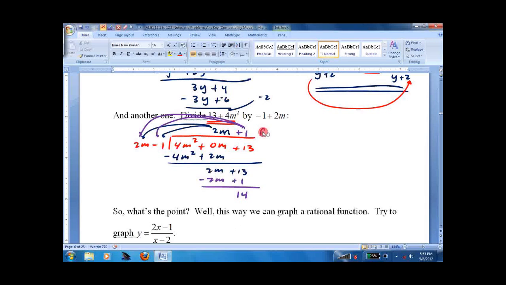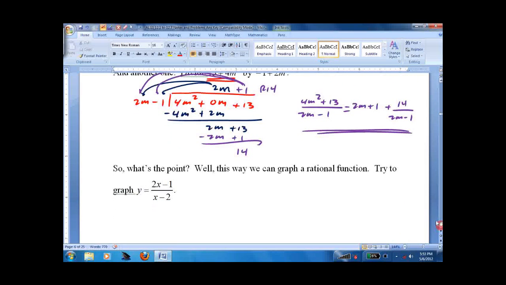Get a remainder of 14. So, 4m squared plus 13 over 2m minus 1 equals 2m plus 1 plus my remainder 14 over the original divisor, 2m minus 1. That's it. That is it.